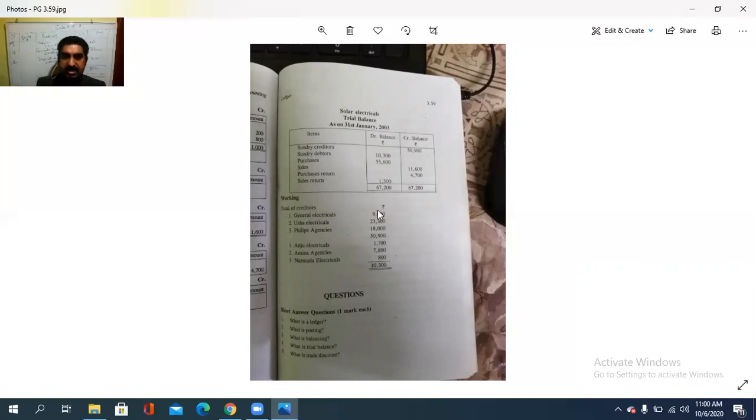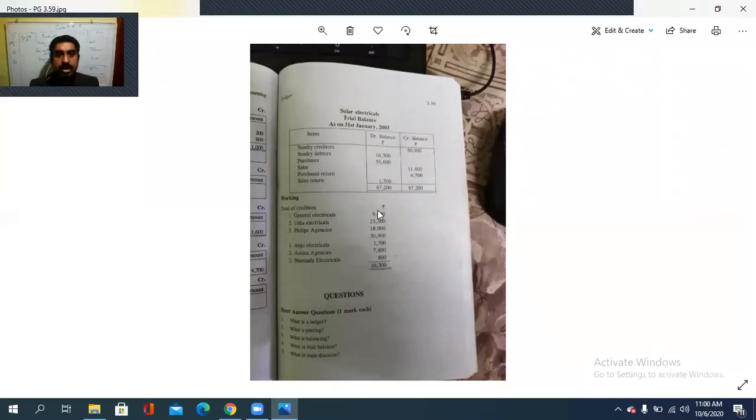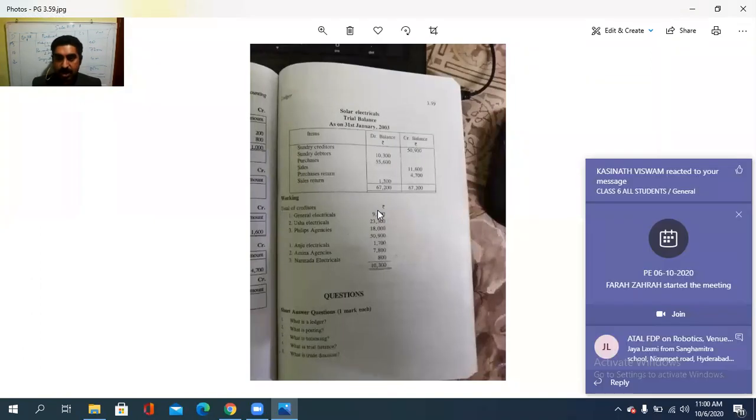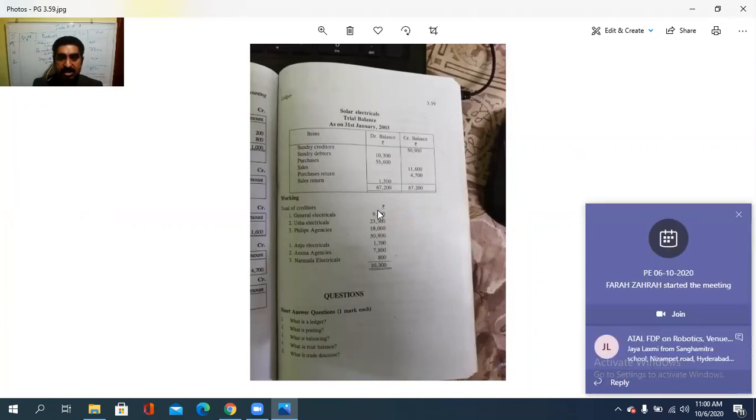And likewise, the sales returns day book is there. Under the sales returns day book, whatever credit sale items are returned, that is to be entered. So with that, I'm going to conclude this module.